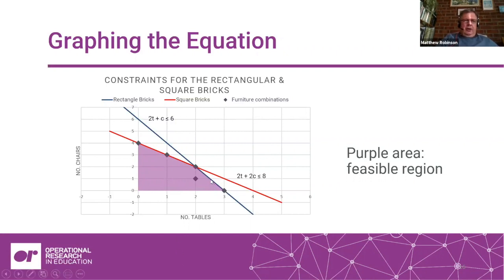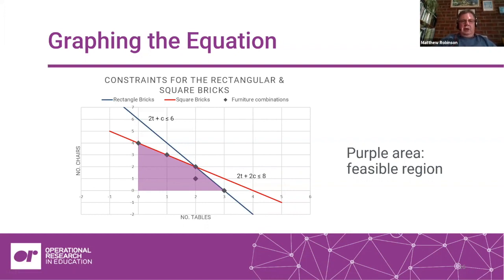So anything in purple is what's called the feasible region. So these are the feasible solutions. We haven't got negative raw materials. We have actual raw materials, so therefore we can't have negative answers. And so that's why all of the feasible options are in the purple region.